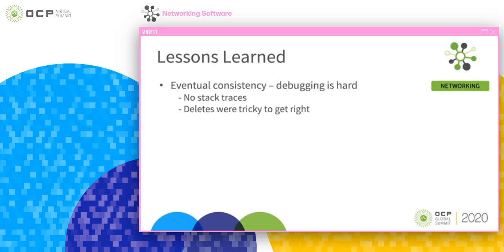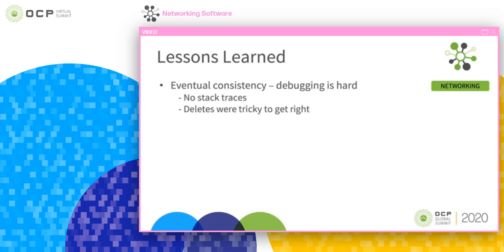Number one is that debugging distributed systems is pretty hard, especially the eventual consistency of KvStore. First of all, there are no stack traces as you can generally get in other programs, because it's more or less event driven. And as we saw, CRDT does not support deleting the keys.